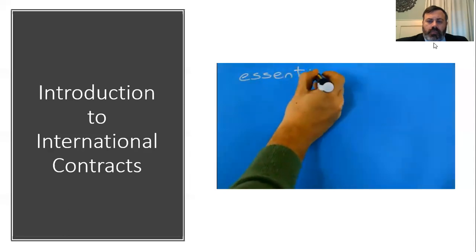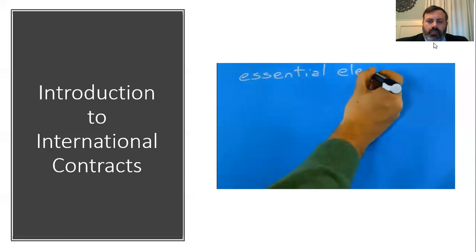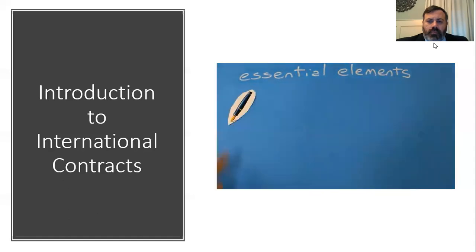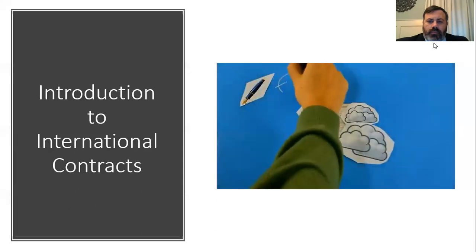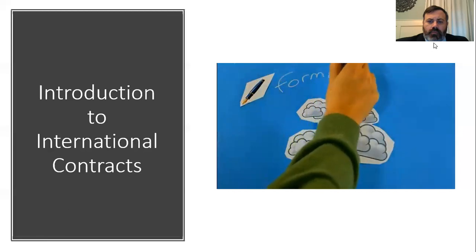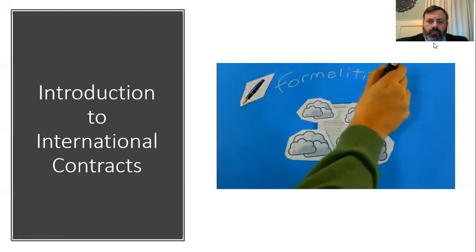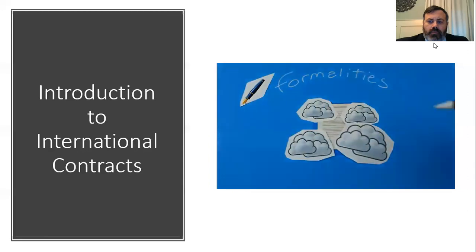Now, let's talk about the essential elements of the international contract. Formalities, languages, text as a roadmap, and the use of international contract models. The contract must be written when this form is required for the validity of the agreement. Remember, writing is always suggested.